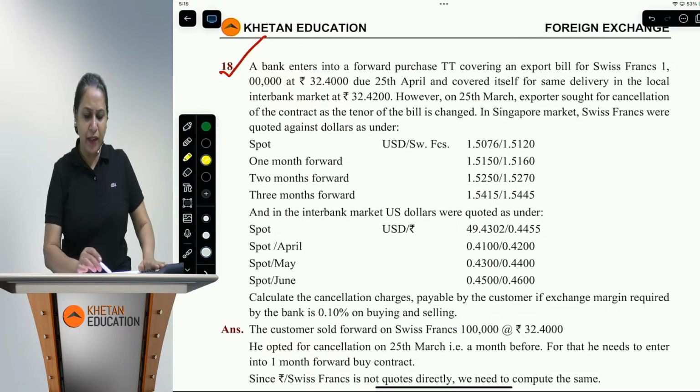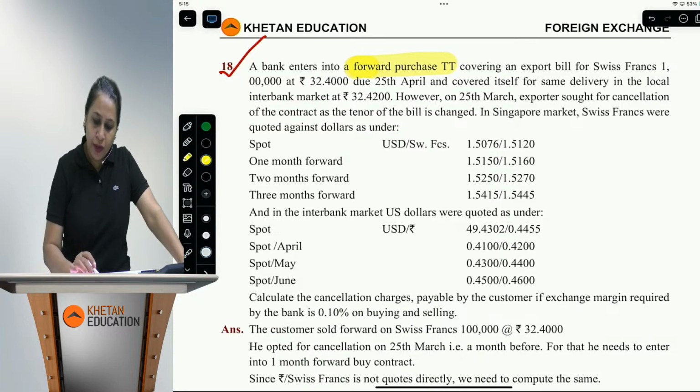The bank is buying. Can you see? The bank enters into a forward purchase receivable, at the rate of 32.4 due 25th of April, and covered itself for same delivery in the local interbank market at 32.42. This information is of no use here.